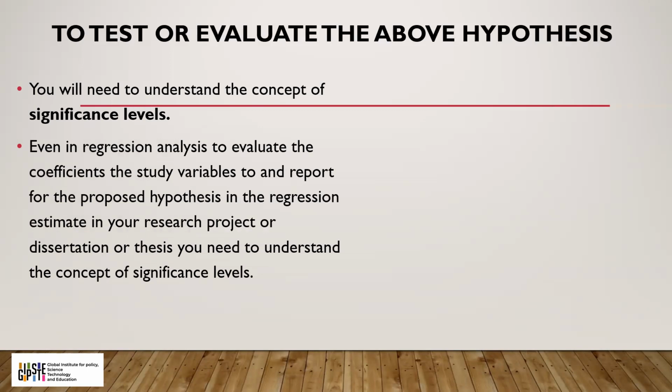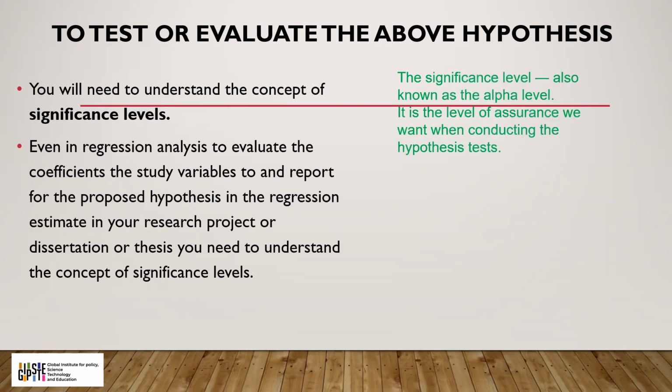Even in regression analysis, to evaluate the coefficients of the study variables and to also report on the proposed hypothesis in the regression estimate in your regression project or dissertation or thesis, you will need to understand the concept of significance level. So in either case, whether you are doing a t-test, ANOVA, or any type of regression analysis, you would need a p-value as well as the significance level to determine the level of significance of the study variables in the model. So you need to understand the significance level as well. Very, very key to underline.